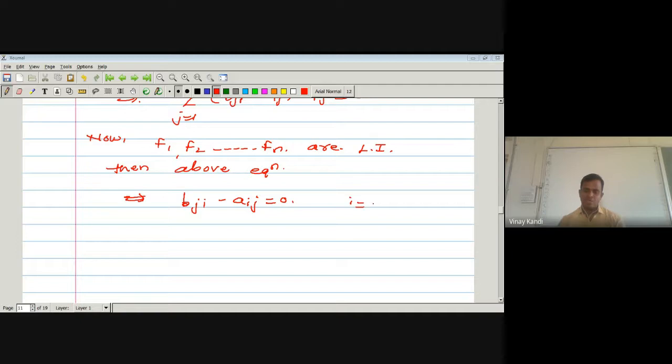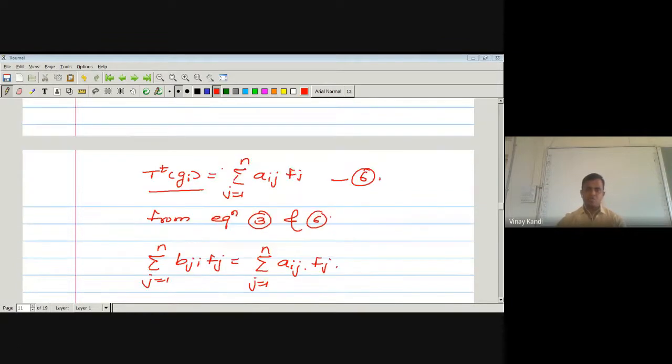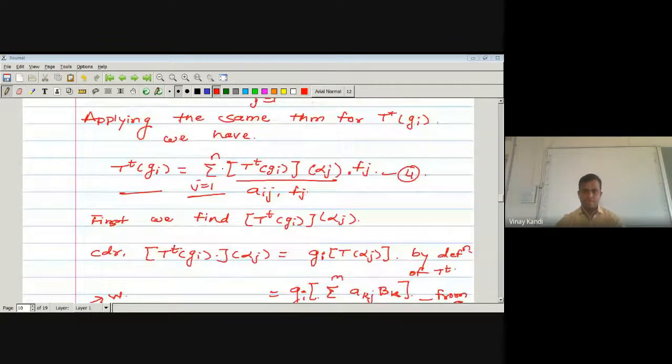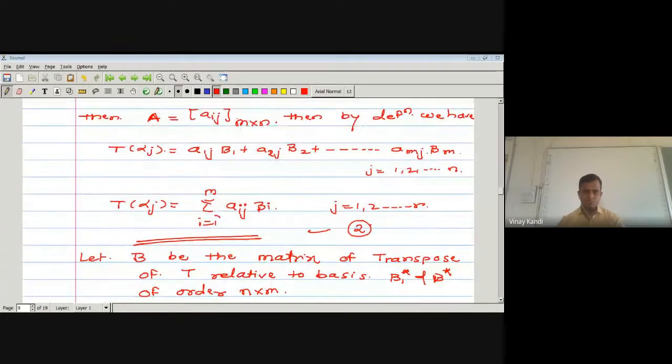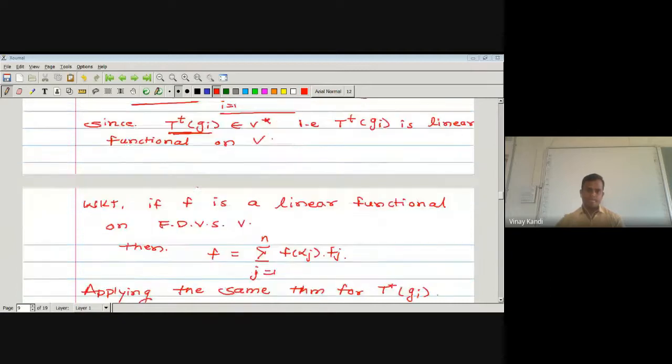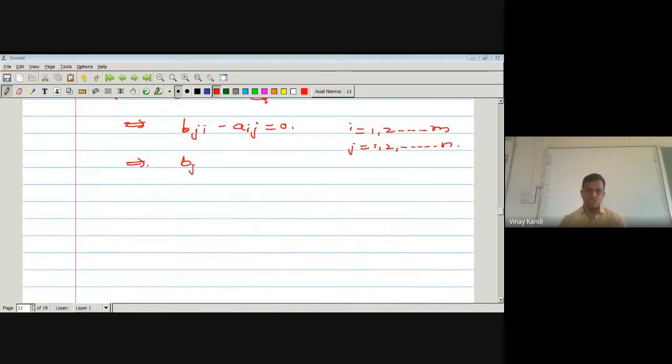Where I is running from 1 up to m, and j running from 1 up to n. So this implies, j running from 1 to n and I running from 1 to m, hence Bji is equal to Aij.